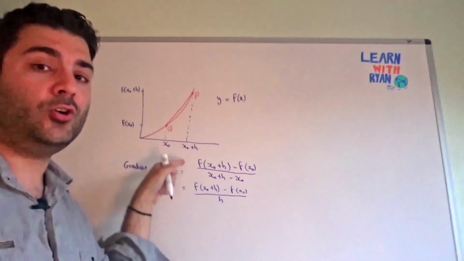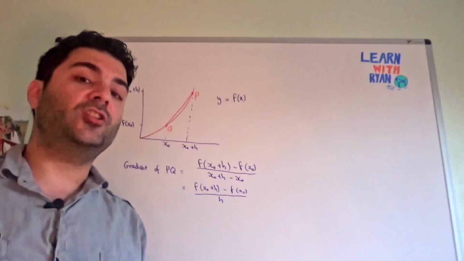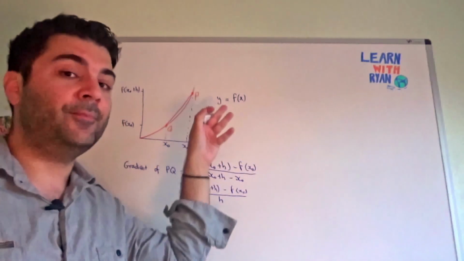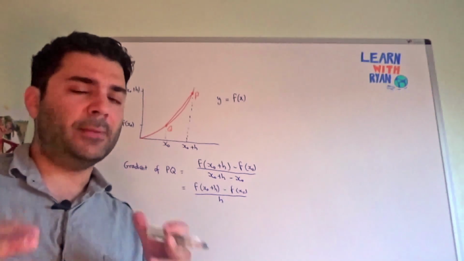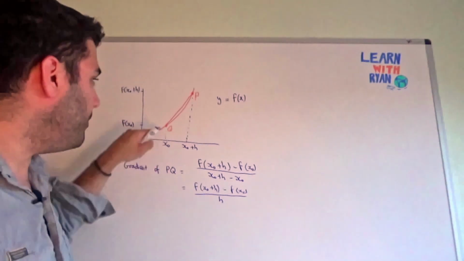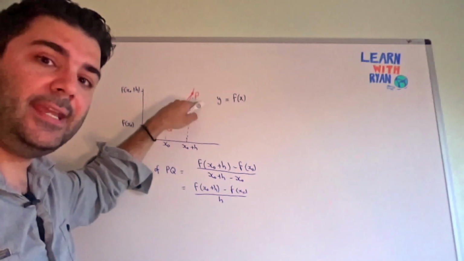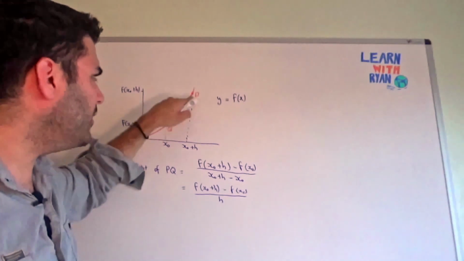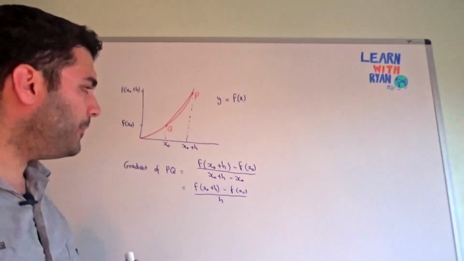Now that's not the end of our story, unfortunately, because what we've done is we've just worked out the gradient of the chord. But remember what I said, the gradient of the chord is just an approximation for the gradient at P. We want to work out the exact gradient. So we need to consider the point Q ever approaching the point P. We need to imagine point Q is so close to point P that it actually is the point P. Let's have a think about that for a moment.